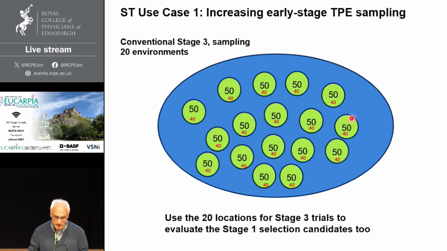And this blob diagram is meant to represent that situation where we've added 40 selection candidates maybe to each of our 20 locations, allowing us to take a set of related lines from a population and get them phenotyped and get that data into our model.